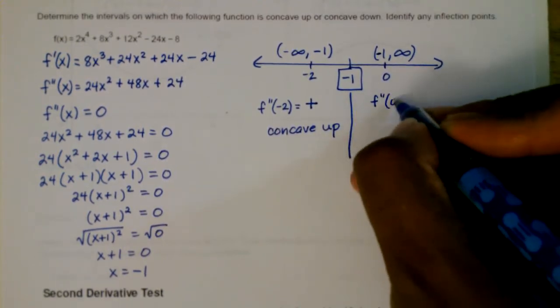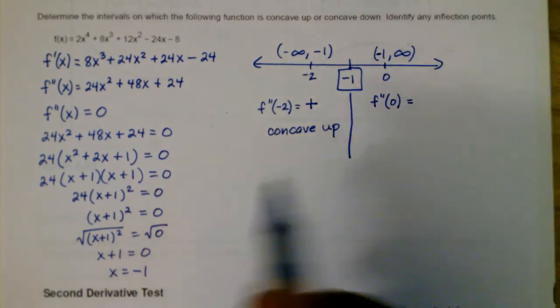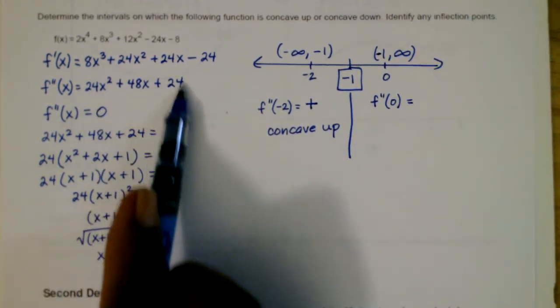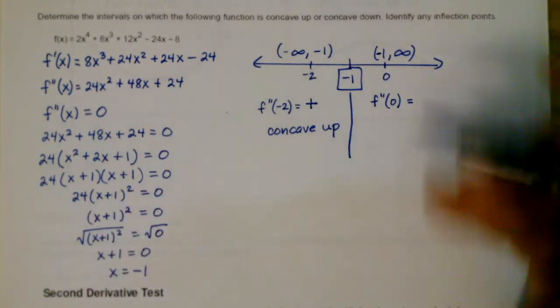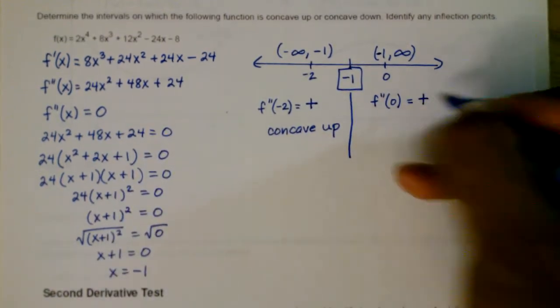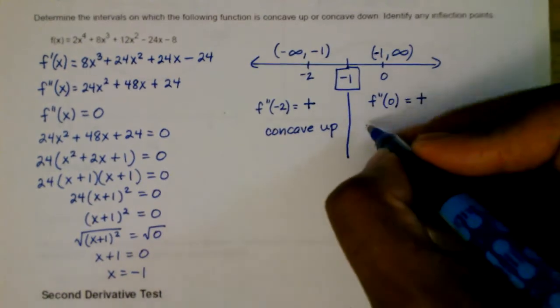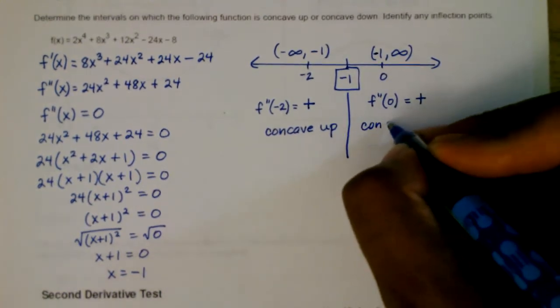Let's do f double prime of 0. Well, this is going to be 0 plus 0, and I'll be left with 24, and it's positive. So that means from negative 1 to infinity, the values for f double prime of x will be positive as well. So the graph on that interval will be concave up as well.